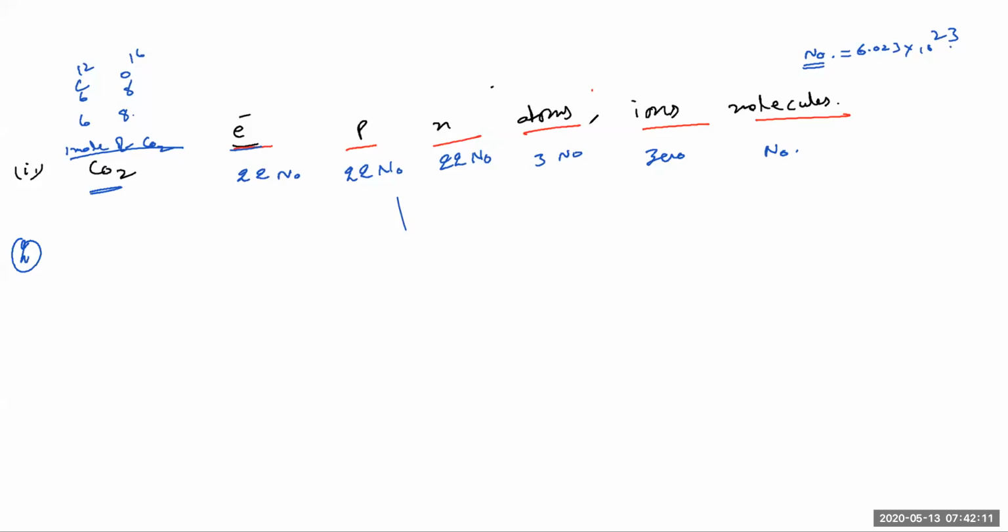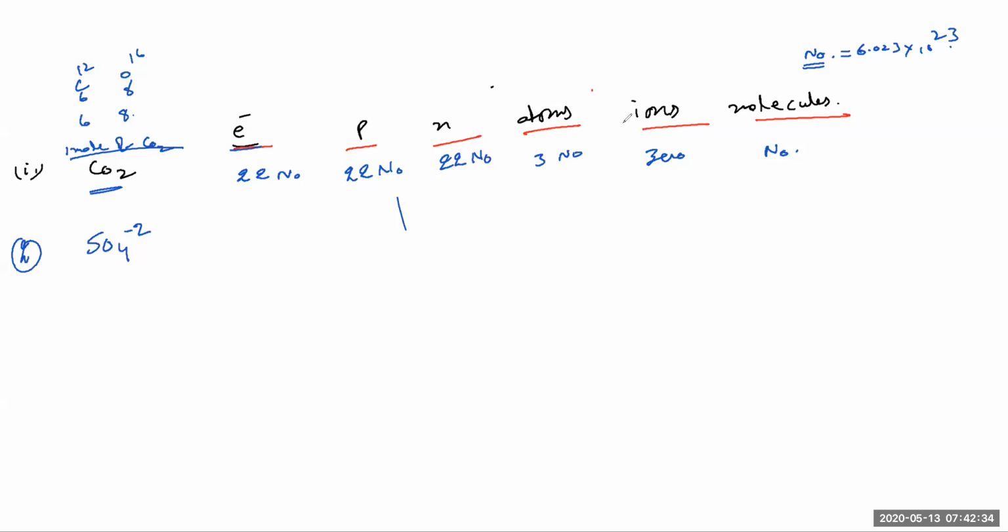Yeah, SO4 minus 2, right? Very good. Nice. SO4 minus 2. Yes, come on. Number of electrons. How much, number of electrons?